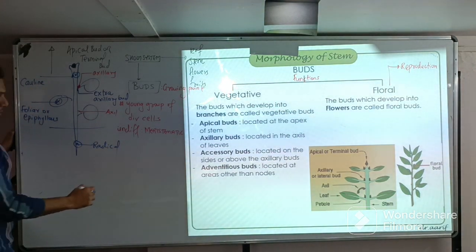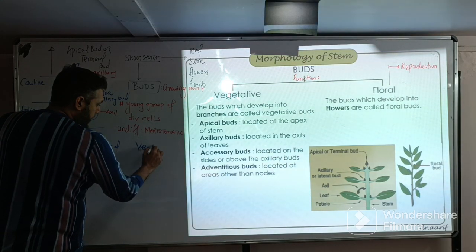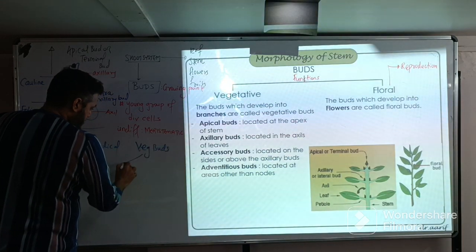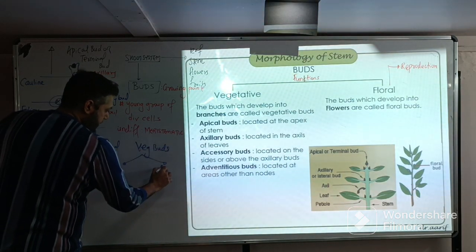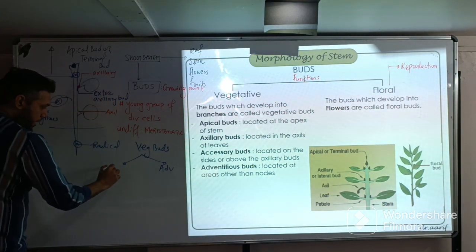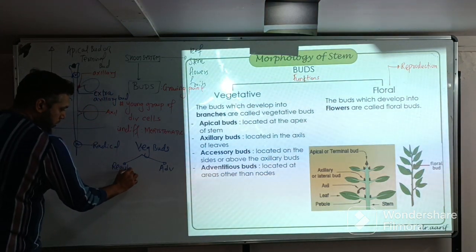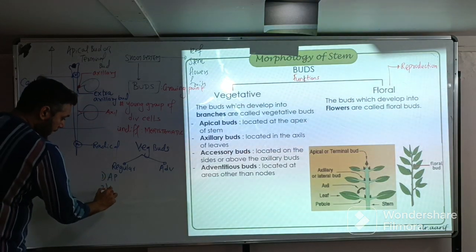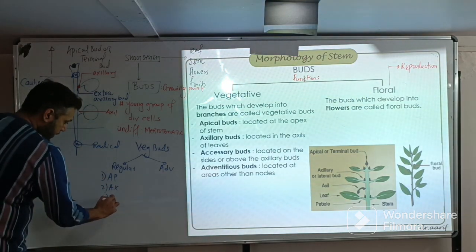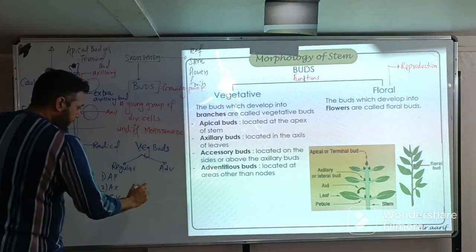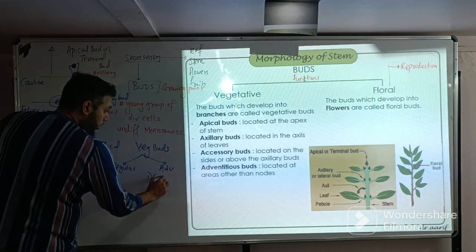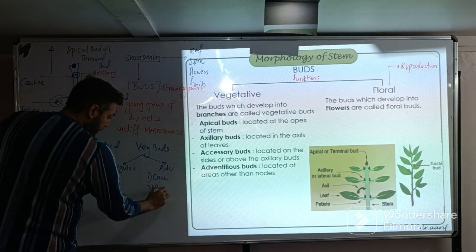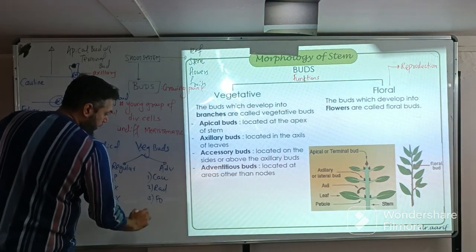So can I say that the vegetative buds can be classified as adventitious, and the regular buds, children? The regular buds include apical bud, axillary bud, and extra axillary bud. And adventitious bud include cauline bud, radical bud, and foliar bud.